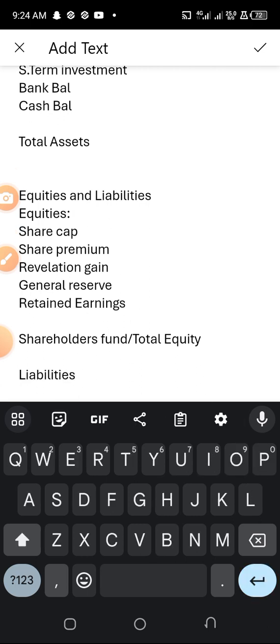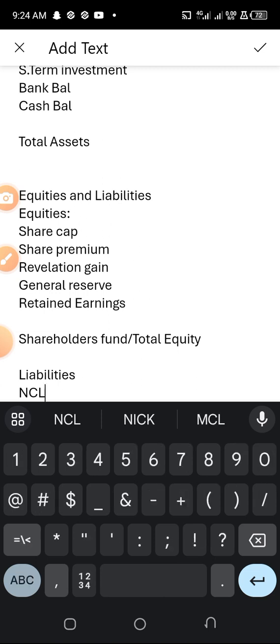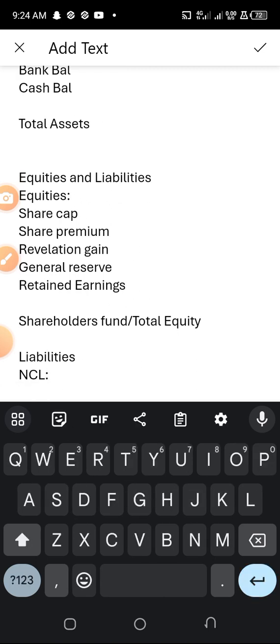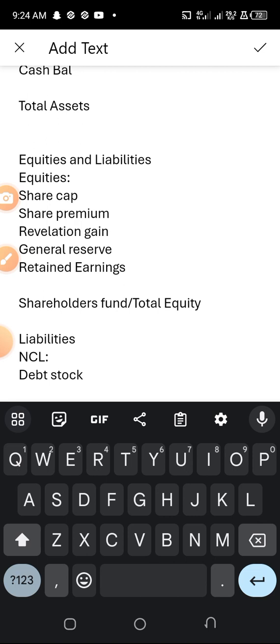Under liabilities, we have what we call the non-current liabilities. Under the non-current liabilities, we have debt stock. You can call it any name, you can call it long-term debt.